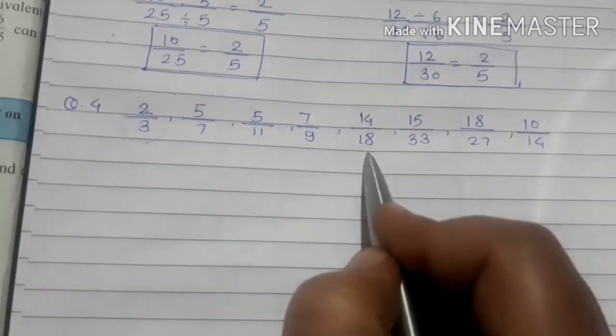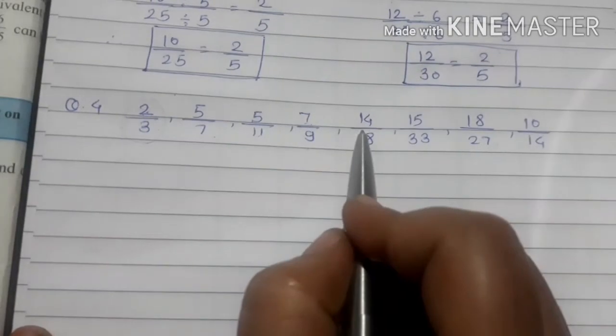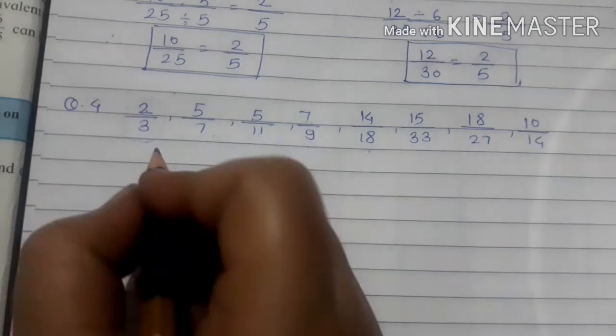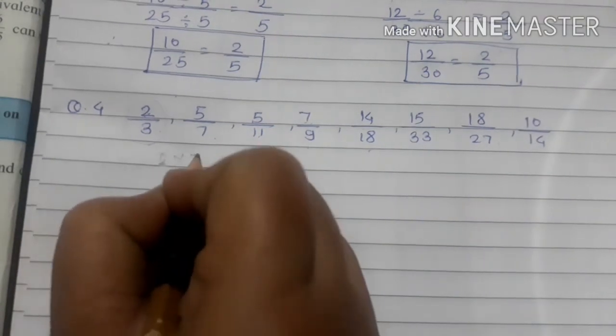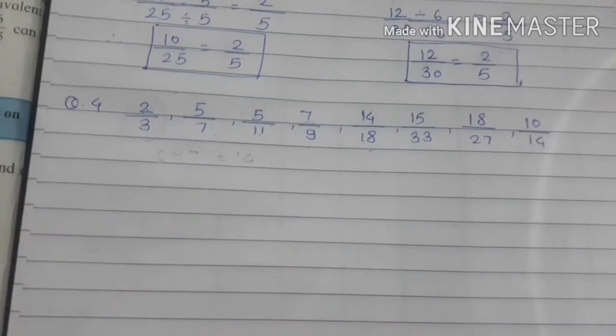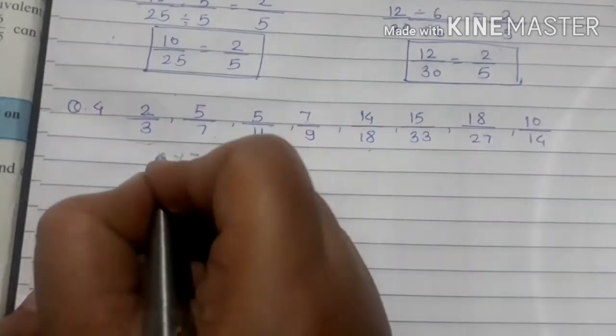Now see the 14 upon 18. Is 14 in the 2 table? Yes, 2 7s are 14, 2 into 7 is equal to 14. Okay, so I am writing with a pen only.